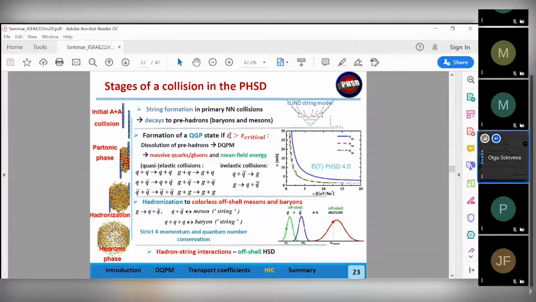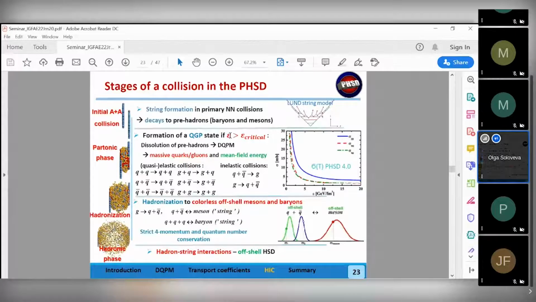The partonic phase is described using the dynamical quasiparticle model with massive quarks and gluons, using the elastic cross-section, which we have discussed a bit earlier. Later on, the hadronization occurs using the formation of off-shell mesons and baryons.